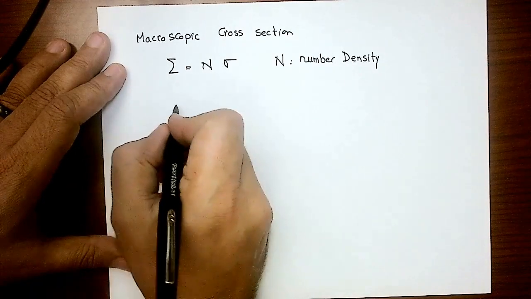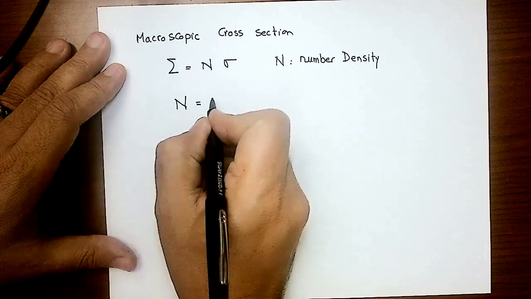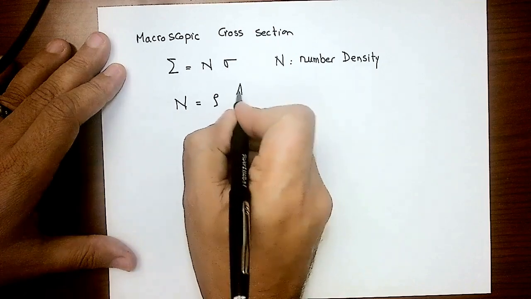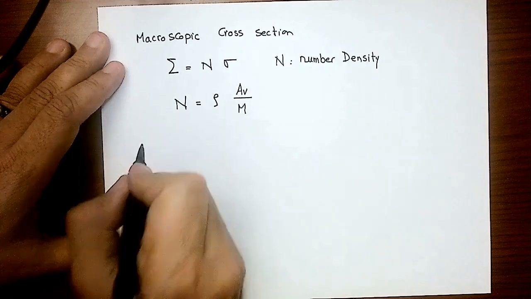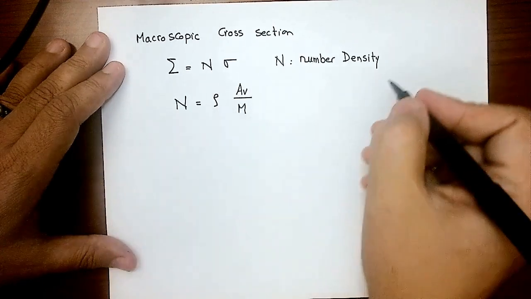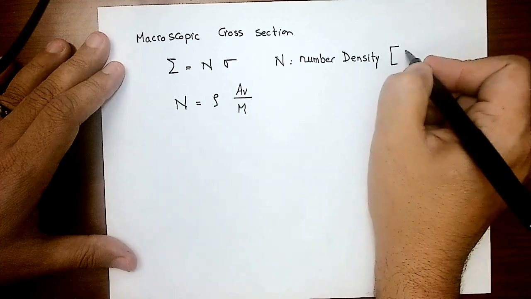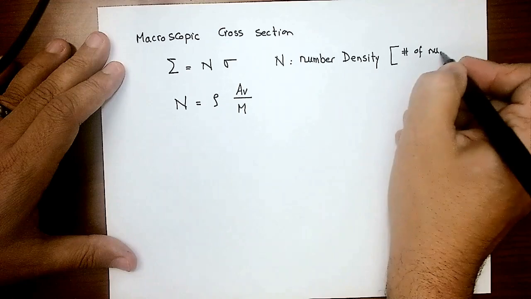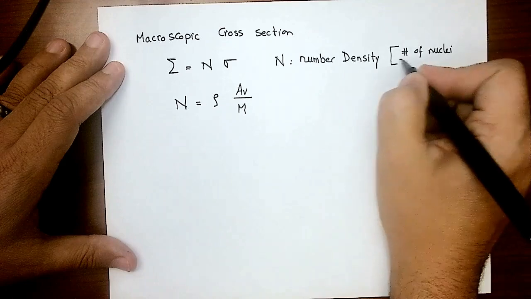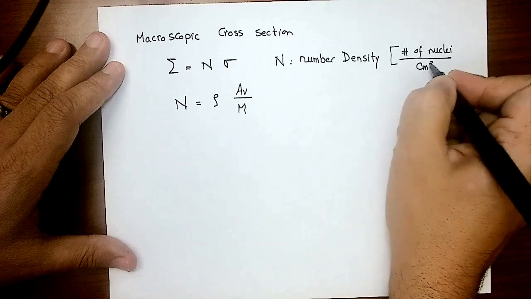And the number density, N, is given by rho times AV divided by M. So N is the number density, and the number density has the unit of number of nuclei, which has no units, per unit volume, which is usually centimeter cubed.